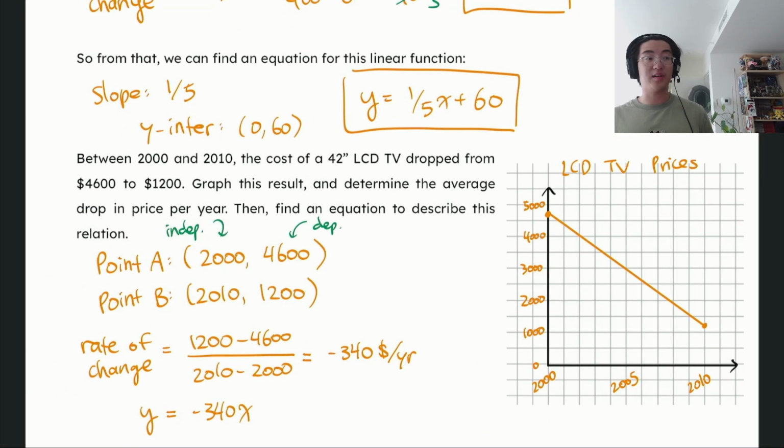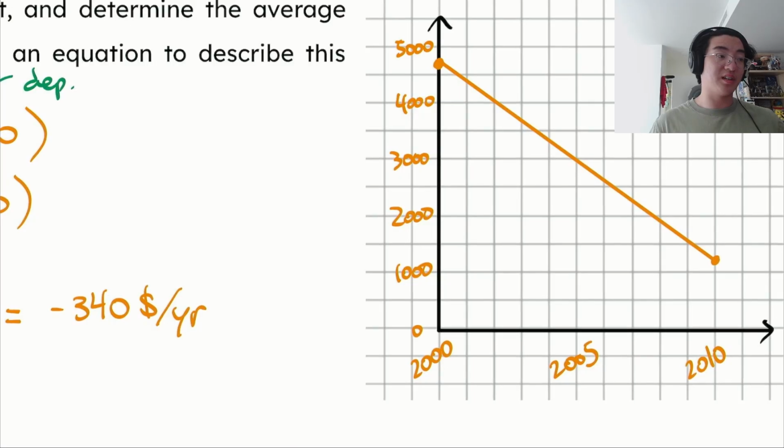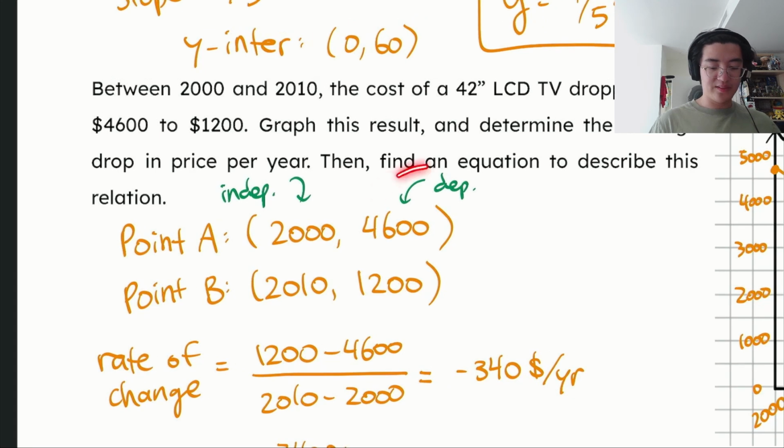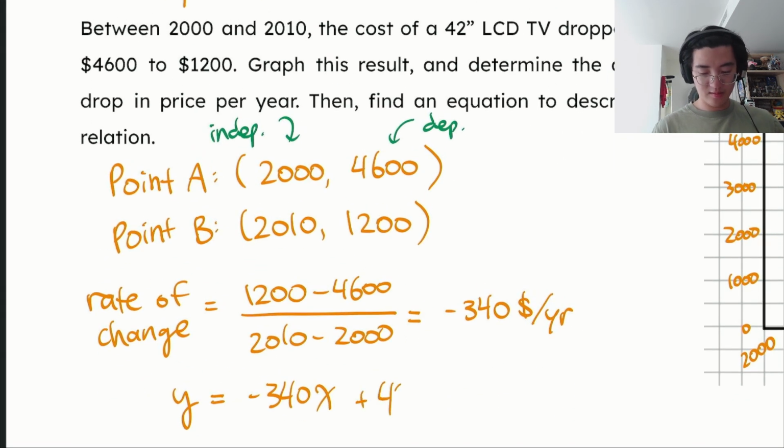Okay, so that's what the graph looks like. And now we can obviously see the y-intercept is where we started the data, which is at the year 2000. And so, at the year 2000, the TV cost 4,600. So that's our y-intercept. Just like that.